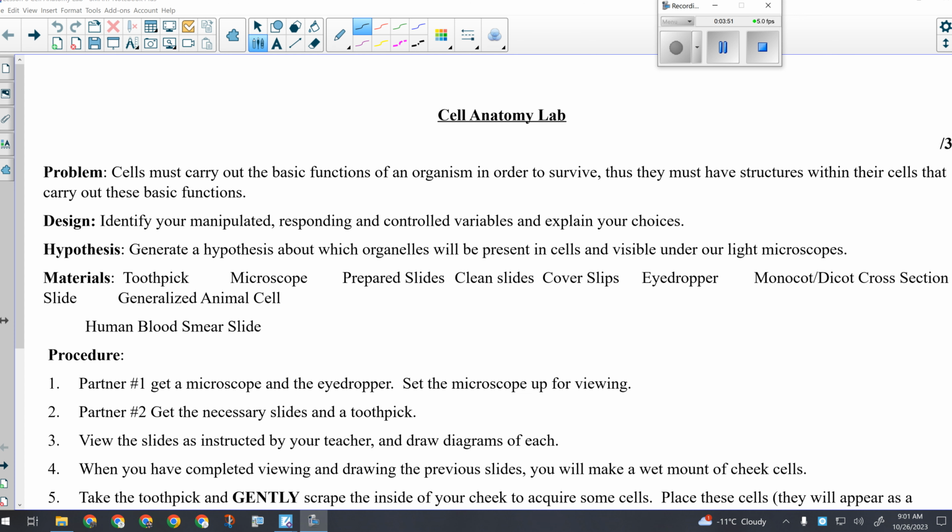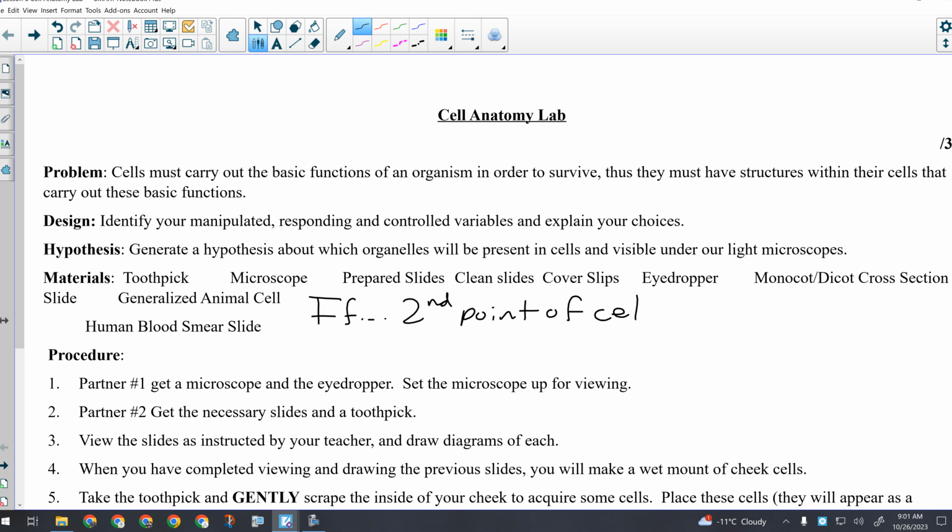Okay, so for our hypothesis, the if part of the hypothesis should talk about the second point of the cell theory. And after all, that is the problem we are investigating. Cells carry out the basic functions. We're looking to find what structures are necessary for them to do that. So the if part, second point of the cell theory.